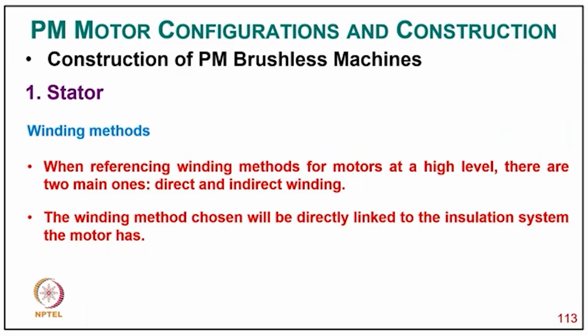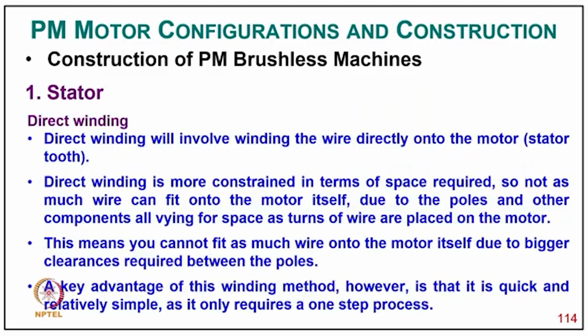When referring to winding methods for a motor at a high level, there are two main ones, direct and indirect winding. The winding methods are directly linked to the insulation system of the motor. Direct winding involves winding the wire directly on the motor stator tooth, and it is more constrained in terms of space, so not too much wire can be fit into the motor due to the poles and other components.